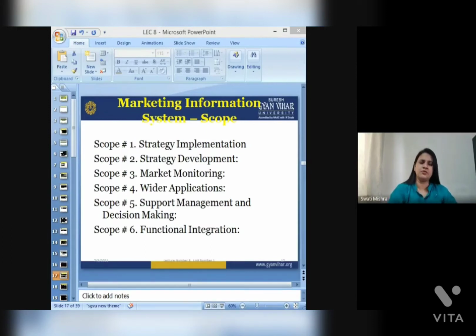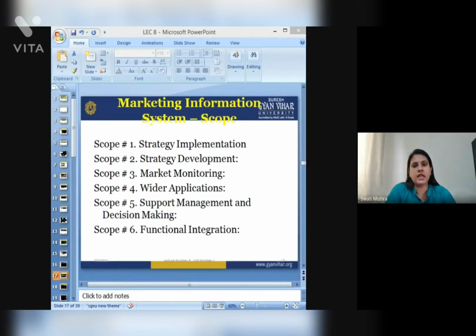Now that we are moving ahead, we will be discussing the marketing information system's scope also. As far as the scope of marketing information system is concerned, I have depicted a few important aspects wherein the MIS scope lies, the first one being strategy implementation.